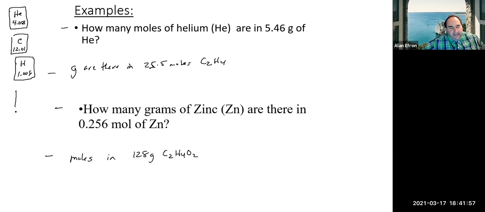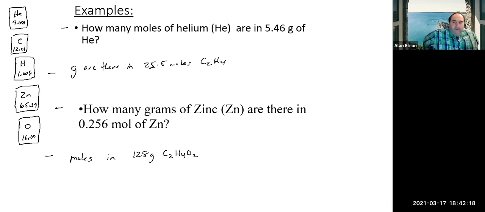We have zinc here, and zinc is 65.39. And hydrogen and oxygen might be what we need there as well. Oxygen is 16. All right, take a few minutes here and work through each of those. Think about what you should be using, what you shouldn't be using, and then we'll go over and make sure everybody hopefully again is on the same page.